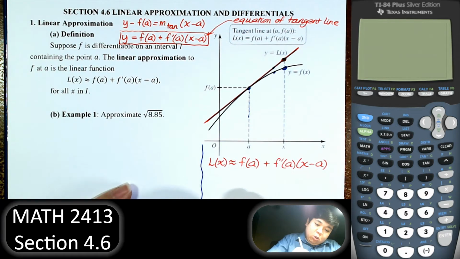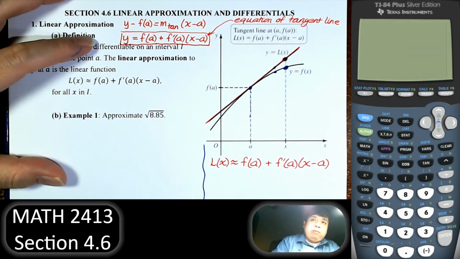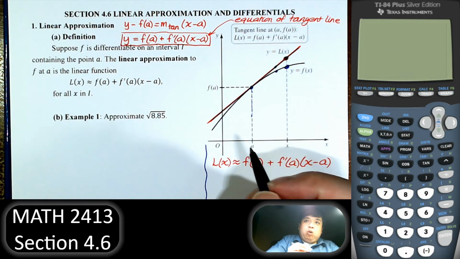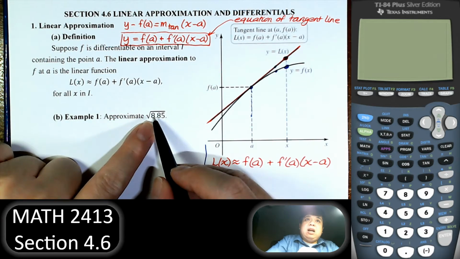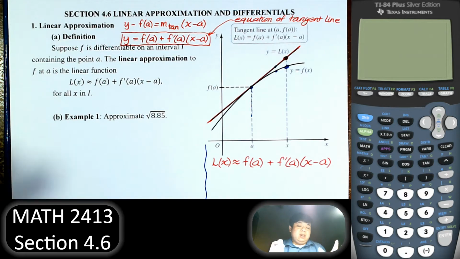Now we just need to identify what's x, what's a, and what is f of x. Of course, when we have the function, we find the derivative as well. So the key here is when we look at the problem, we see 8.85. Now we're going to let x be that number. So in the problem, whatever number we see is going to be x.